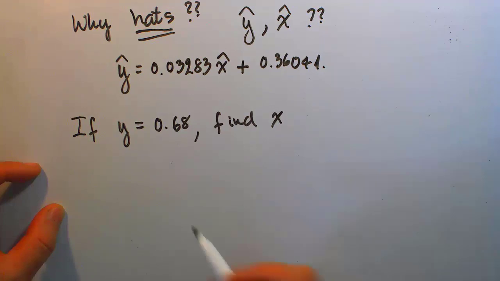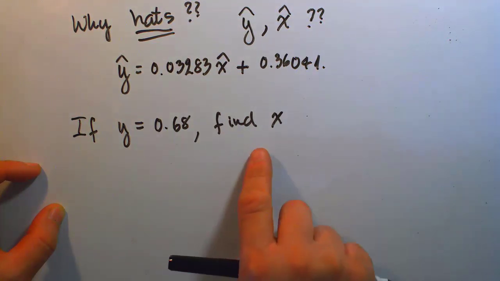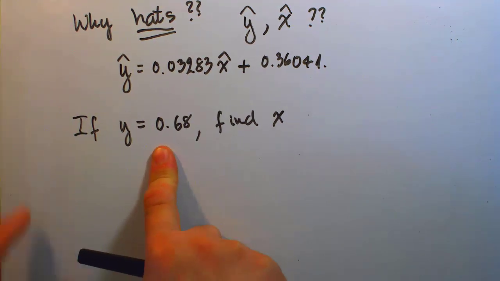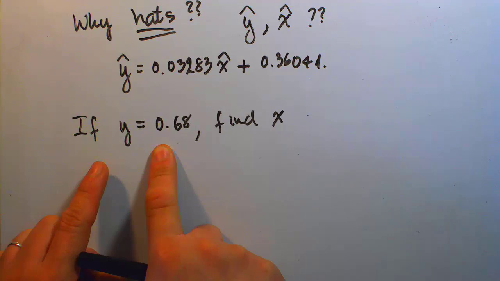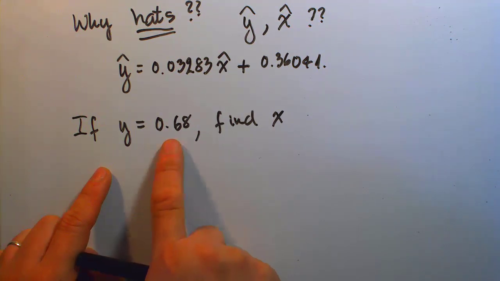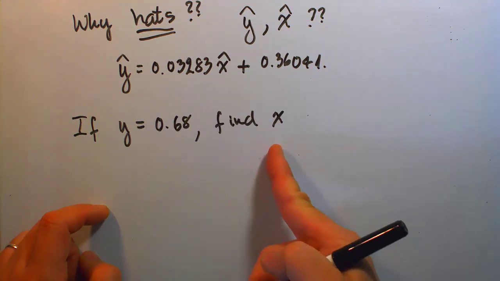At this point, once again, when we look it up in our table, we actually do have an observed value for 0.68 right here. And 0.68 on the table corresponds to the x value being 10.